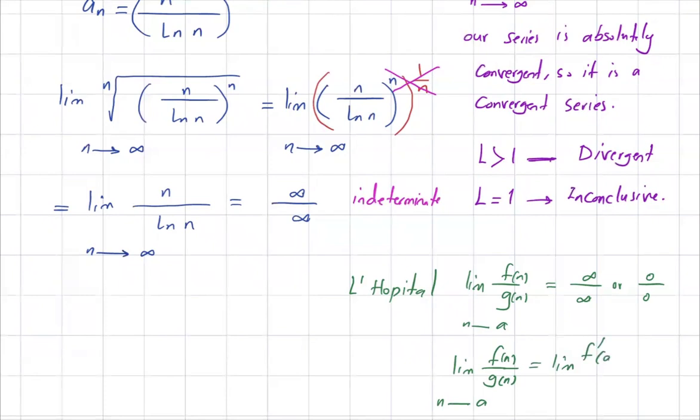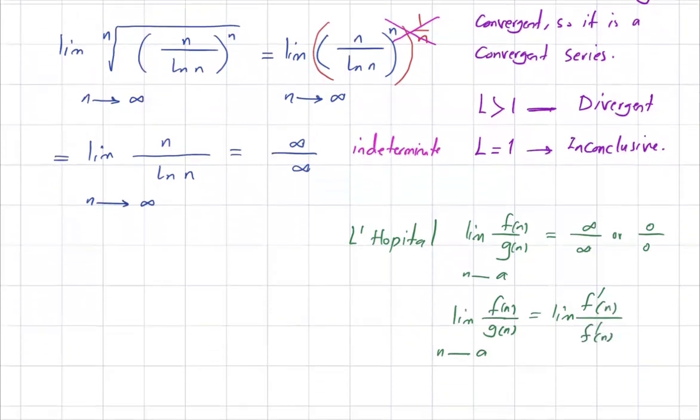You can also use the second derivative if the first derivative doesn't work and gives you another indeterminate form of the form 0 over 0 or infinity over infinity. So we are applying L'Hopital's rule here.